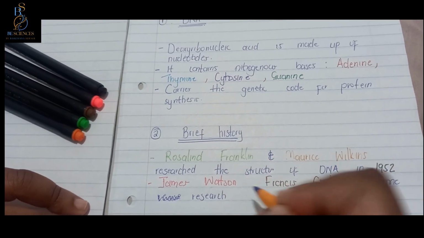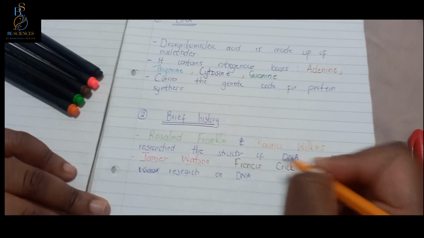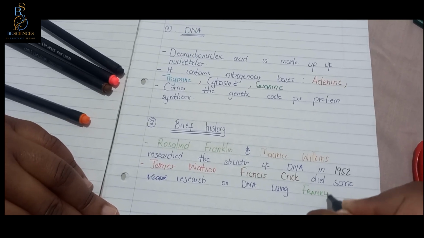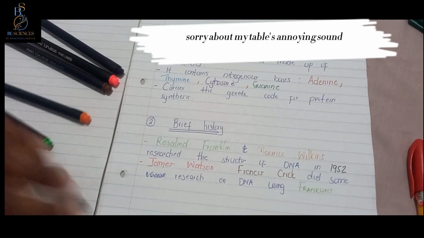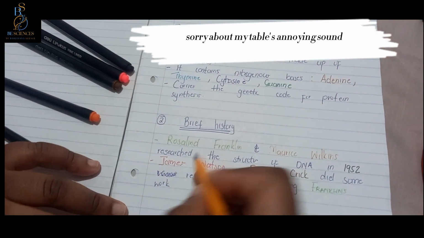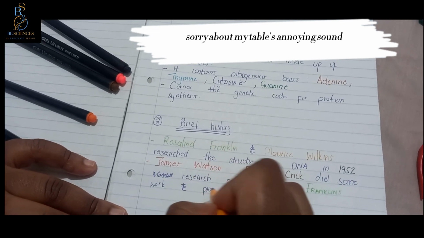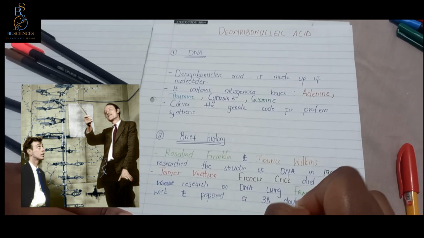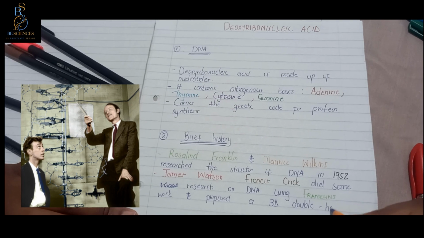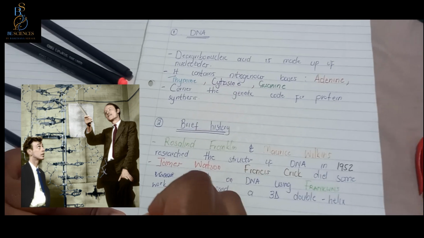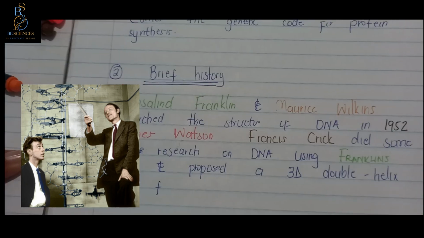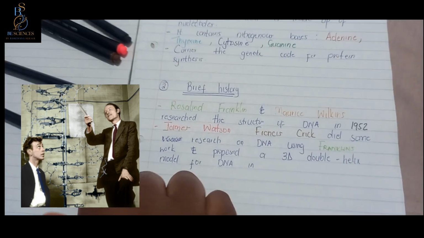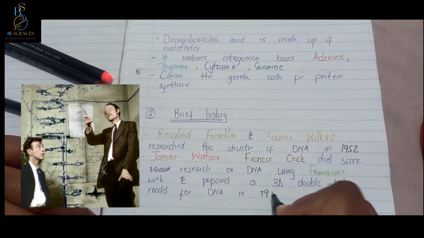Who did research on DNA using Franklin's work and proposed a 3D double helix model for DNA in 1953.